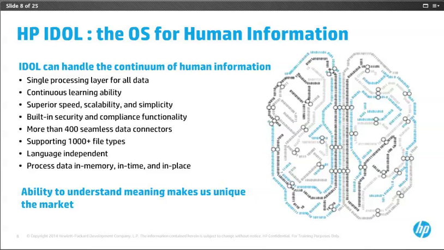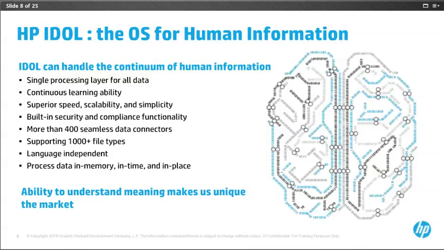All of that wraps up in that we often speak of IDOL as the operating system for human information. What we mean by that is we encapsulate a huge amount of functionality within IDOL, and we expose it in a way that allows people to create intelligent systems around it.